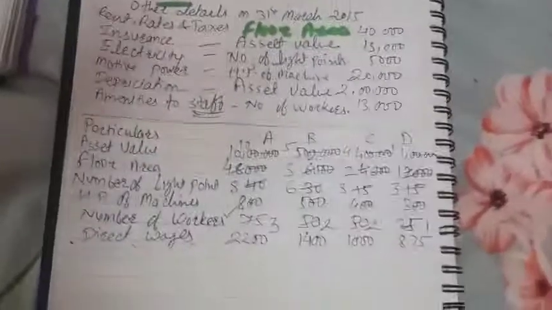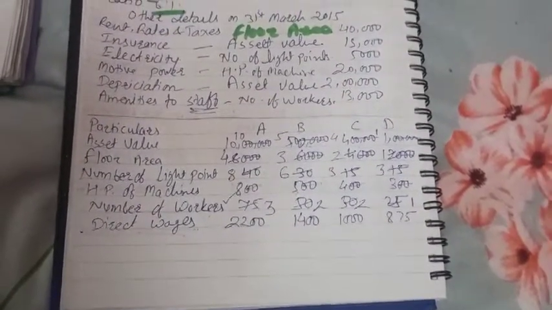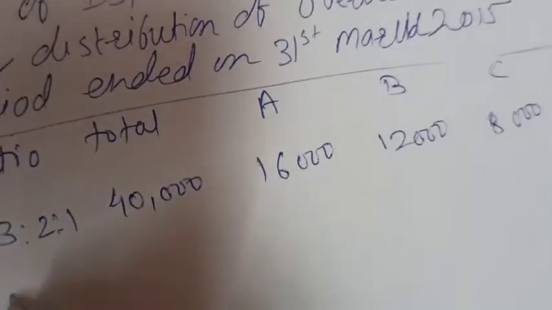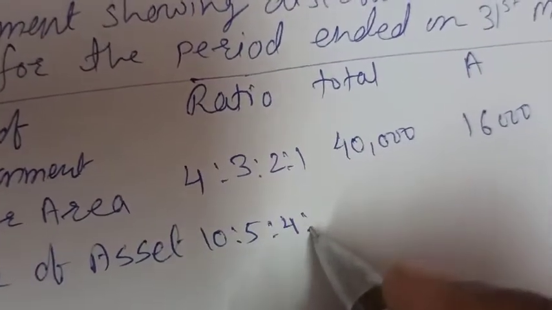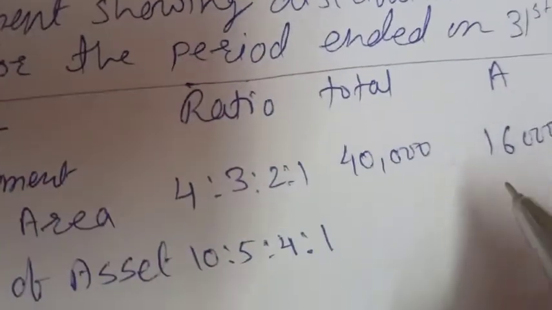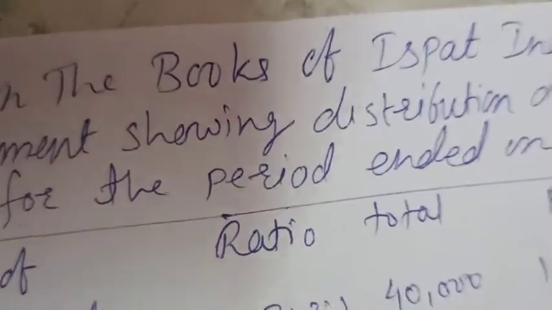The ratio for value is 10 is to 5 is to 4 is to 1, and the total amount of insurance is 15,000.